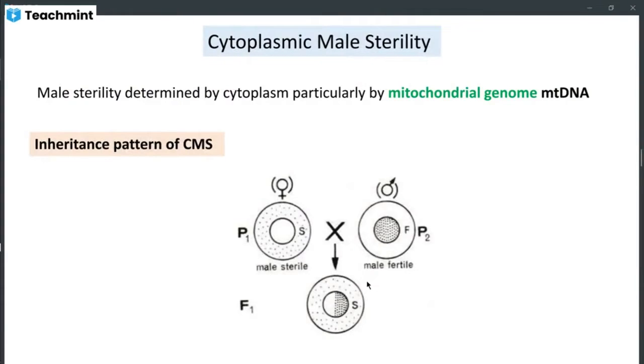In case of cytoplasmic male sterility, the name itself indicates that the genes are located in your cytoplasm. Can anyone say that when we cross a female with a male, in the progeny, where does the cytoplasm come from?